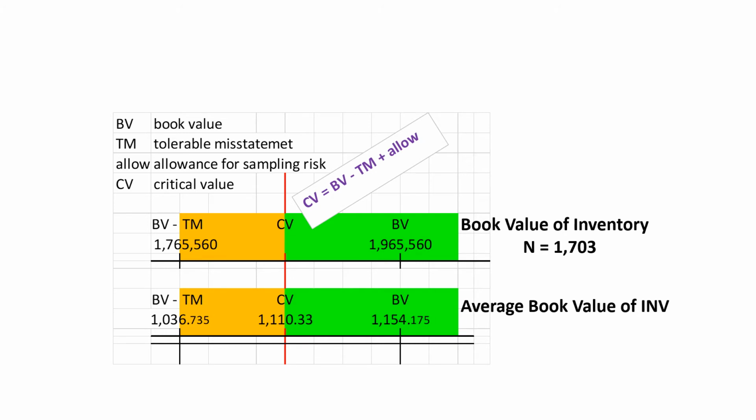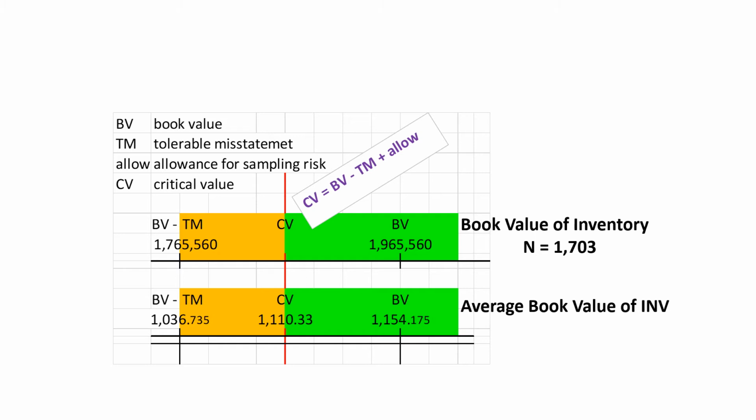Here's a slide from page 251 if you like that better. So the book value is $1,965,560. It's overstated if it is less than $1,765,560. We divide by 1,703 for our averages, and we get an average book value of 1154.